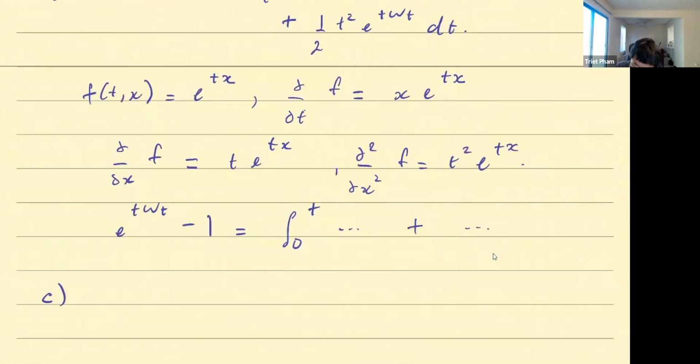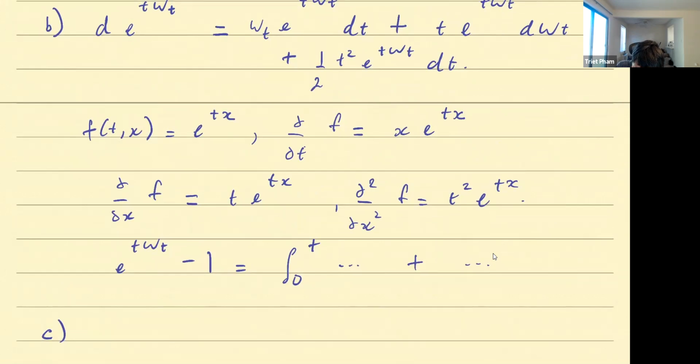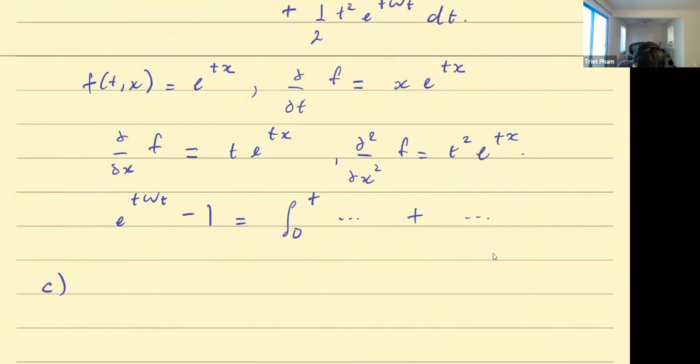Another variation would be where we put the t down here. In other words, let's do t e^{W_t}. They're all very similar, but of course they are different functions, so they have different Ito's formulas. For this one, differentiating with respect to t gives us e^{W_t} dt.